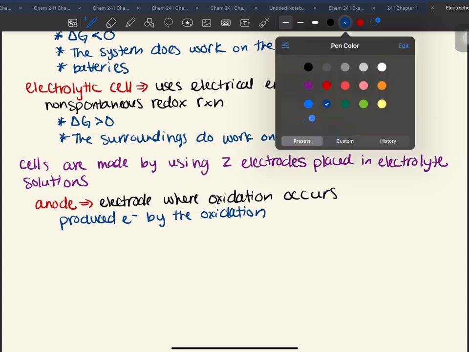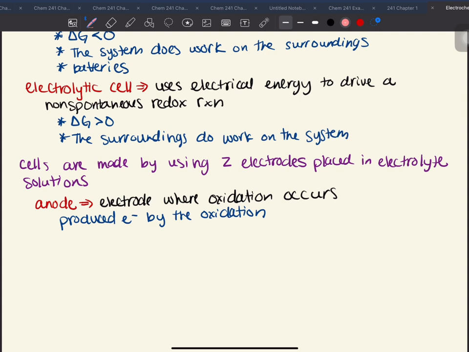So it is going to be our negative electrode. Remember, oxidation is loss of electrons, so the process of oxidation is giving off electrons. Electrons are being produced, if you will, since they are being given off.